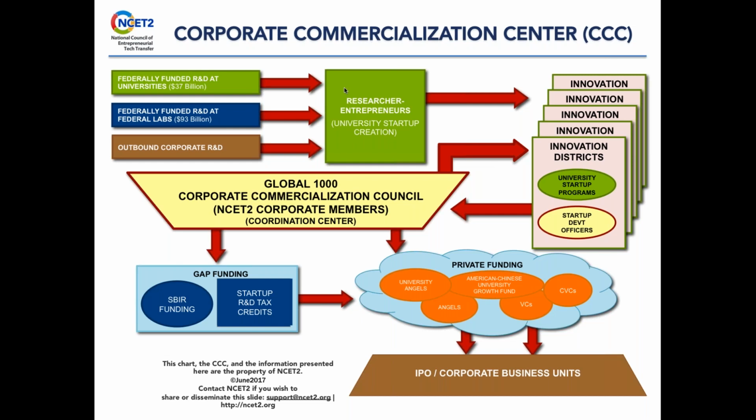They then eventually will connect to some kind of commercial organization. We see that in the Corporate Commercialization Center there, our council, and this is a place for us to connect them to the corporates. Usually there's some kind of a funding issue with early stage startups. Often that funding issue is resolved first with public money and then with private money. So that kind of talks you through the diagram.